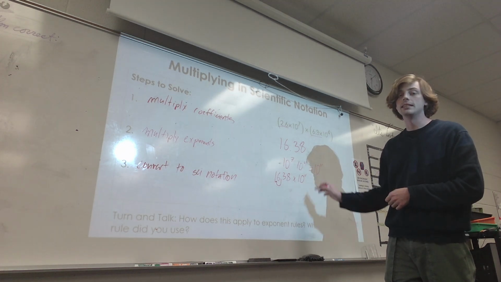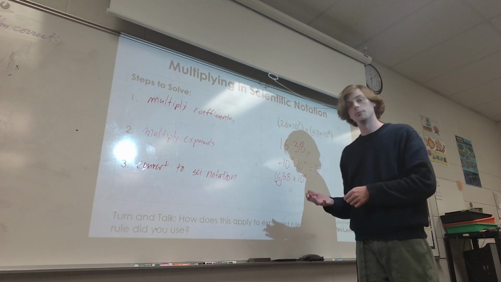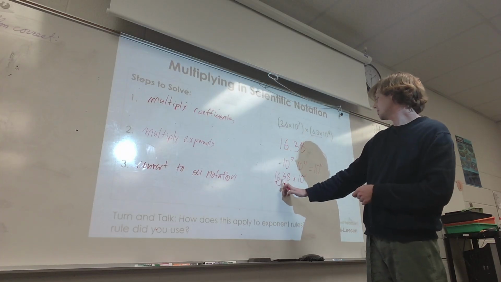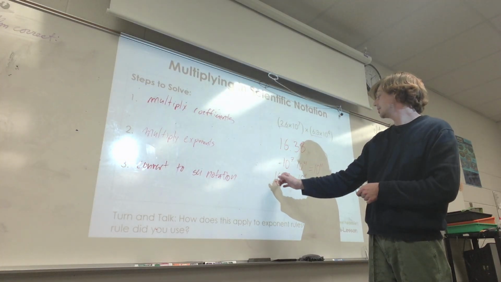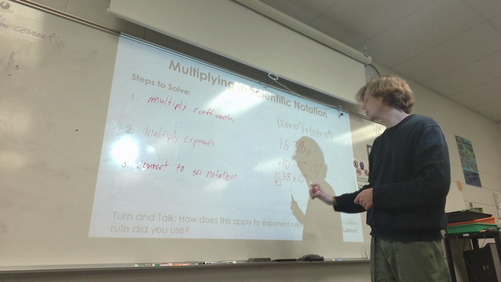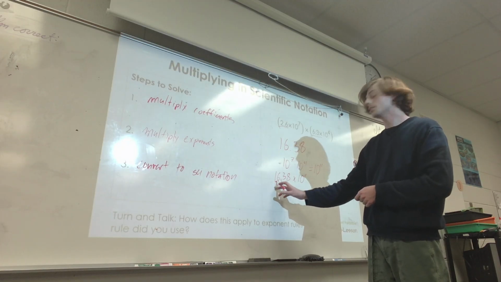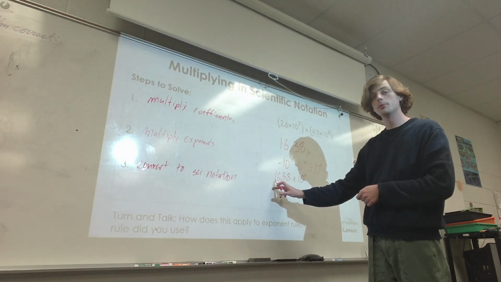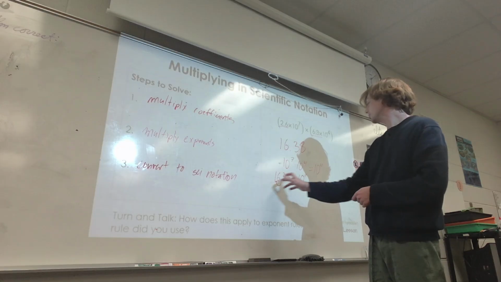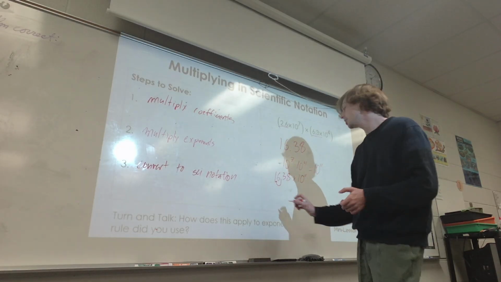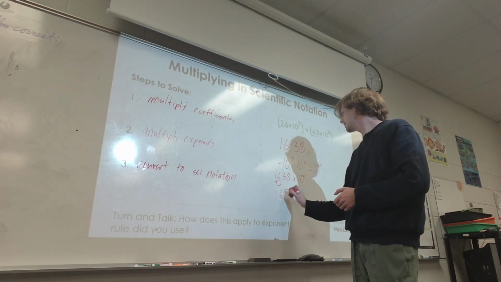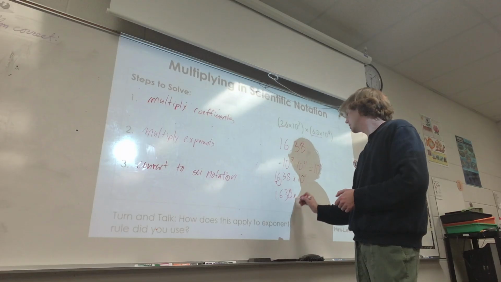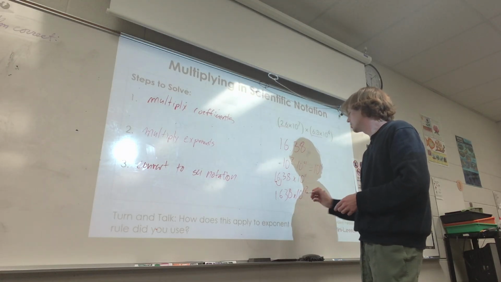We'll have to multiply it by 10 an extra time, right? Because this is telling us we need to move the decimal 11 spaces this way. But we want the decimal here, so to have the number stay the same, we'll need to move it 12 spaces this way. So the correct answer here is 1.638 times 10 to the 12.